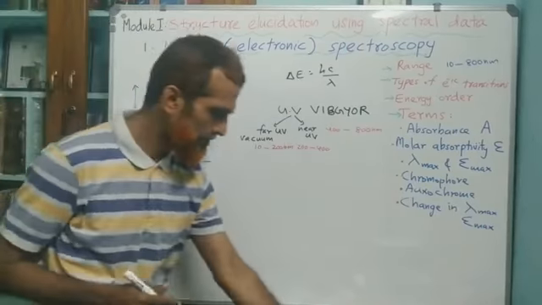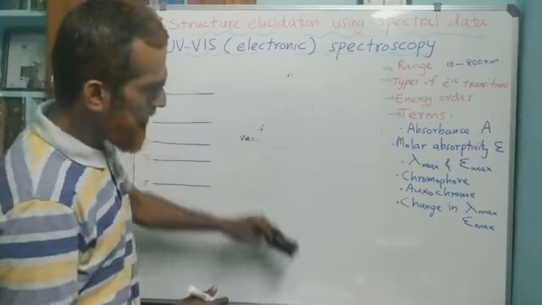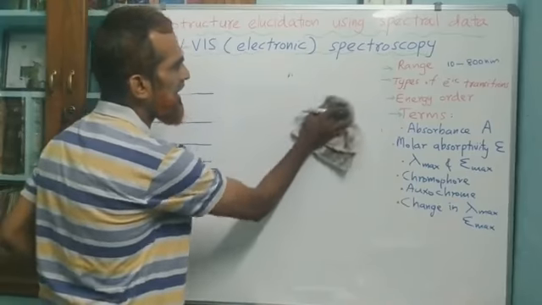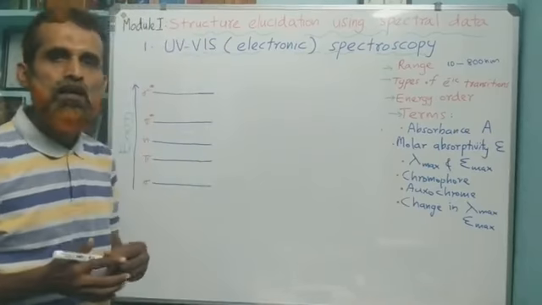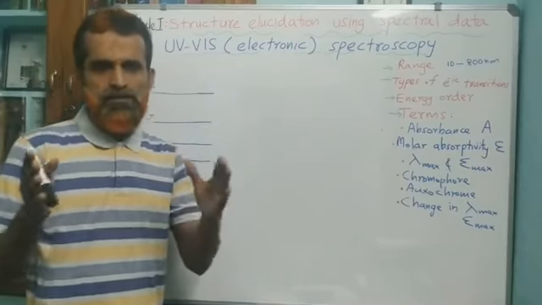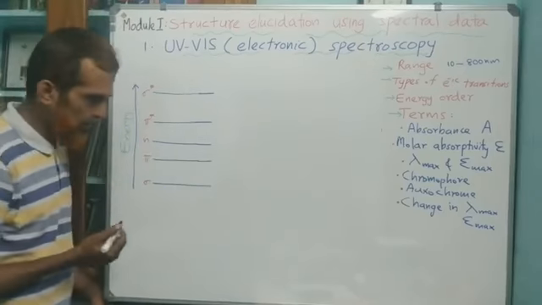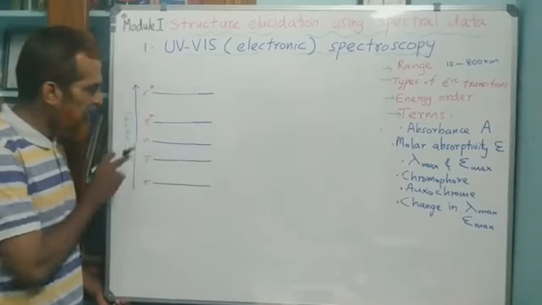Remember that. Now, coming to types of transitions. What are the various types of transitions which are seen in electronic spectroscopy? According to molecular orbital theory, there are mainly three types of molecular orbitals, as you know. One is sigma MO, pi MO, and what is N?